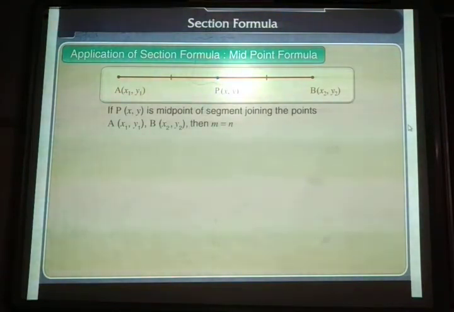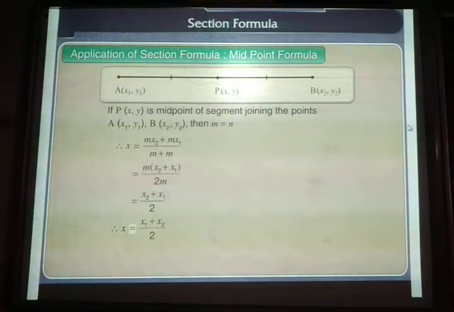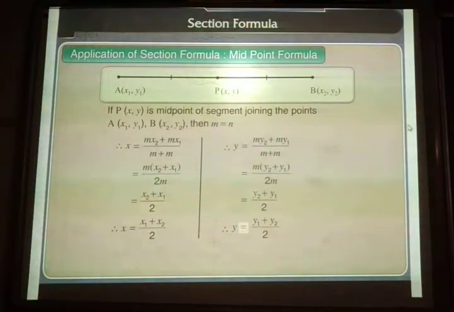Since m is equal to n, x is equal to (x1 plus x2) upon 2 and y is equal to (y1 plus y2) upon 2. Thus, the coordinates of point P are (x1 plus x2) upon 2 and (y1 plus y2) upon 2.